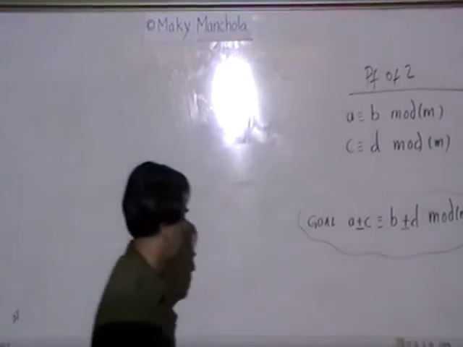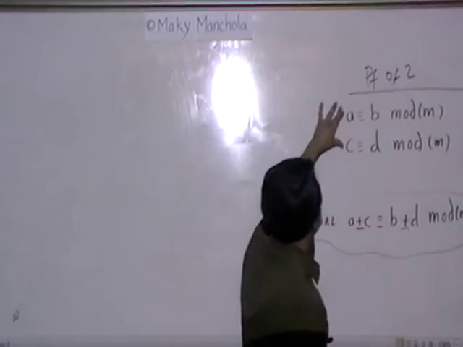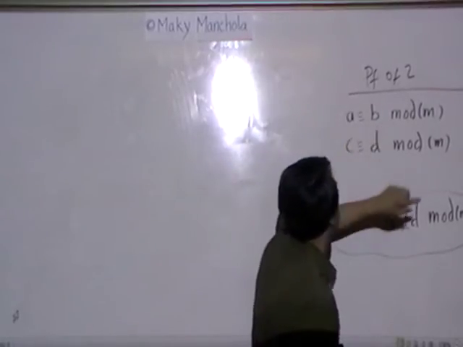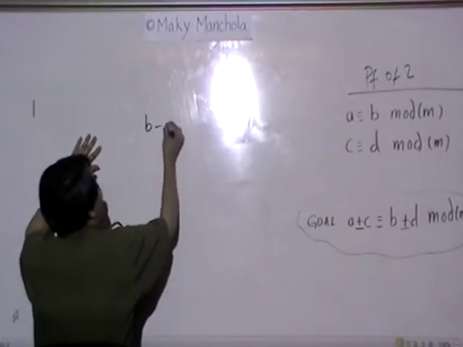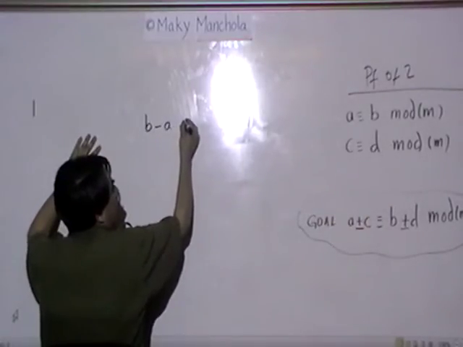So let's try it. What does that mean? What does A congruent to B mod M mean? It means that B minus A is divisible by M.